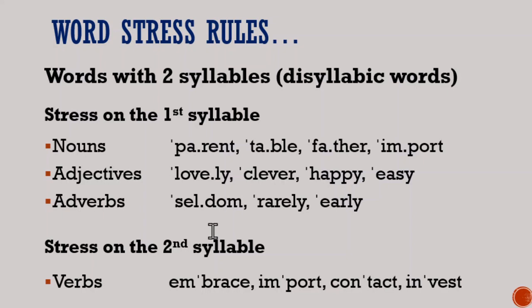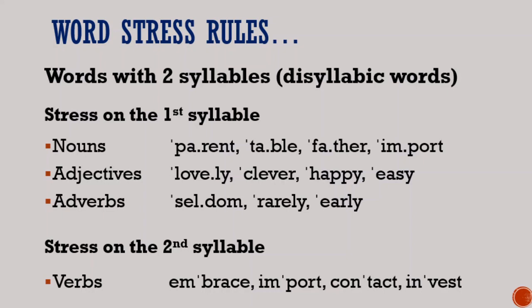This is a new import. What a lovely picture. He's a clever boy. This is a happy occasion. This is an easy problem. He visits me seldom. I rarely go for a movie. It's a bit early today. That's how stress on the first syllable sounds.